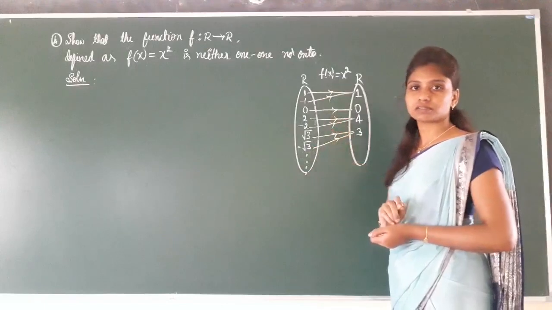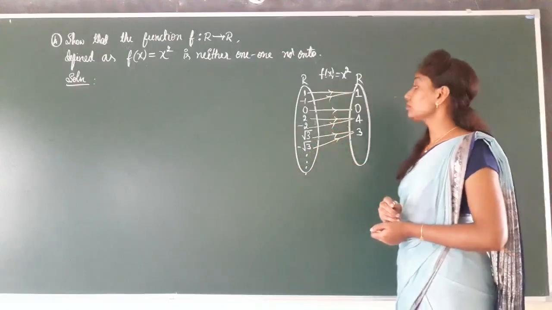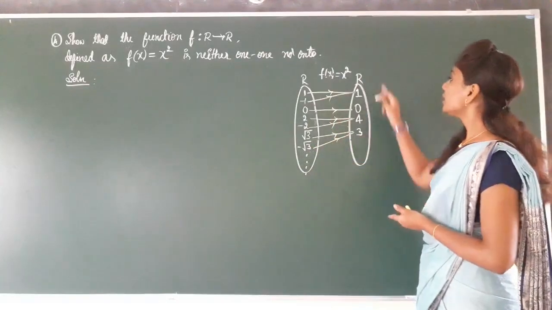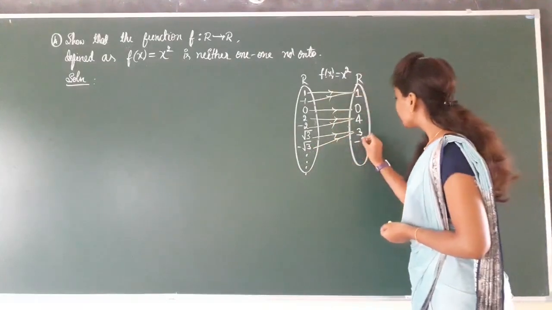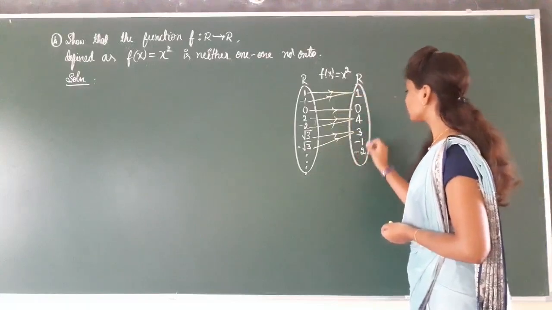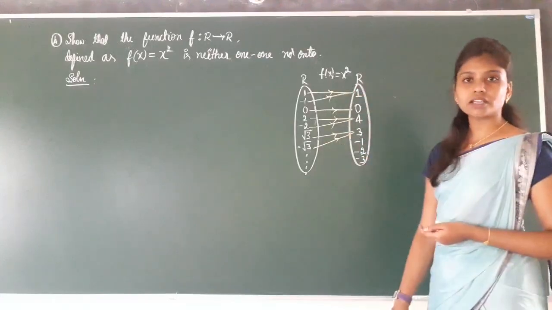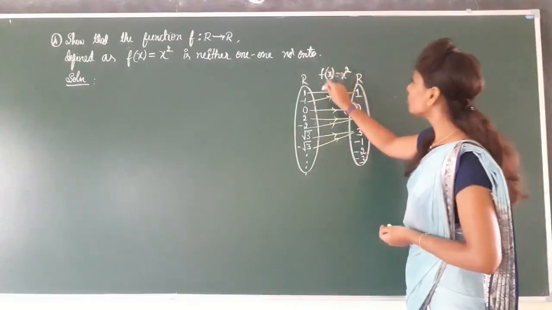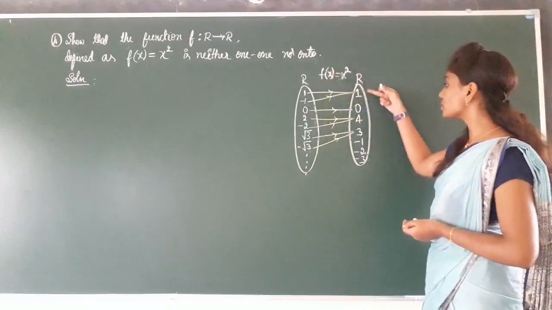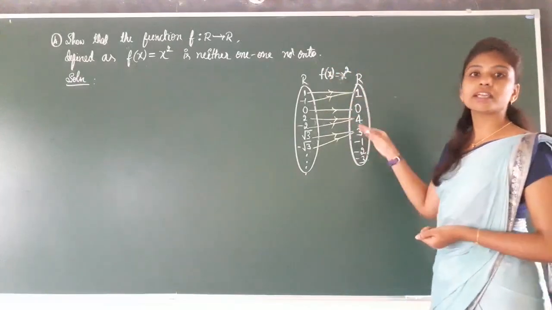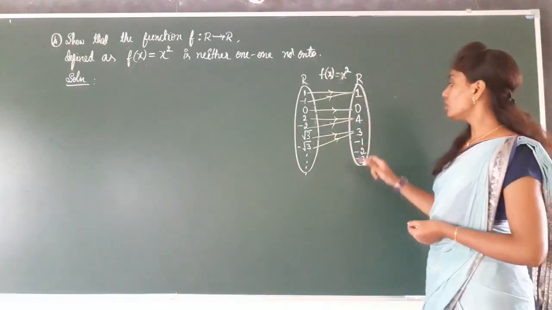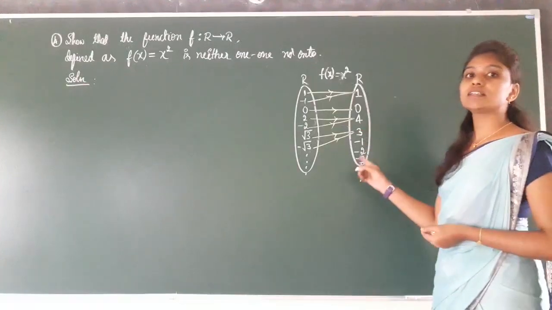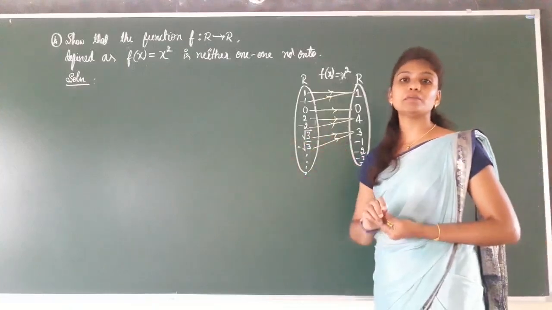a 1-1 function. Okay? Observe here, the real numbers contain negative numbers also. Right? If you square a number, what happens? Whatever number we square, we get a positive number. Negative numbers do not come. So minus 1, minus 2, minus 3 and so on, these elements do not have any pre-image.